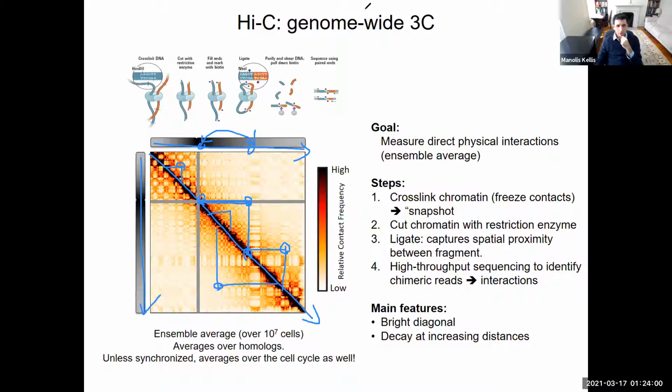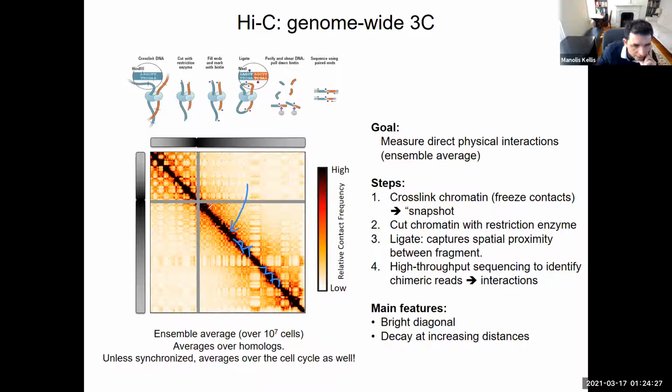Okay, so we can now start asking, now that we understand what this picture should be showing us, let's see what it's actually showing us. What it's actually showing us are these very specific features of long-range interactions. The first thing that we're learning is that very close to the diagonal, regions tend to interact with each other, right?